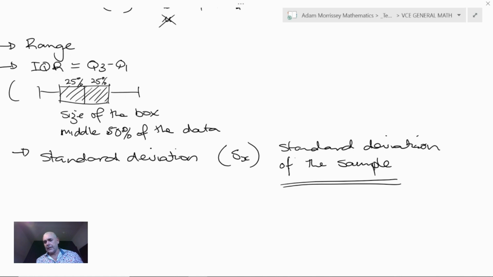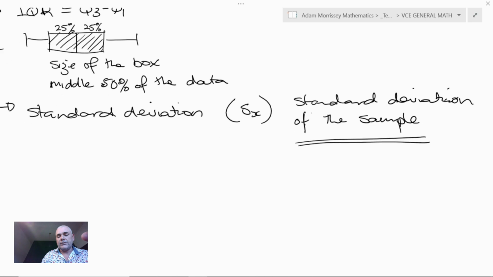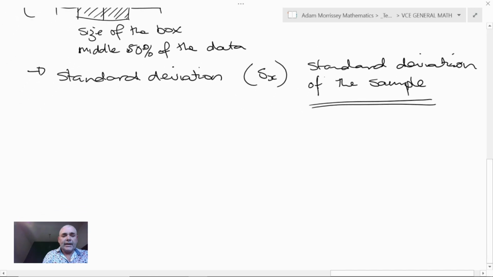One's for the population and one's for the sample that we've taken. Now, the standard deviation of the sample is a little bit more conservative measure, so it's a larger value. And how that's calculated, so I'm just going to use this standard deviation of the sample.